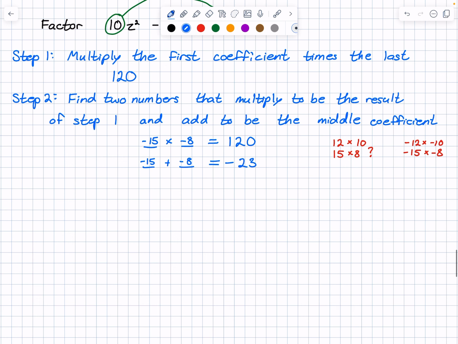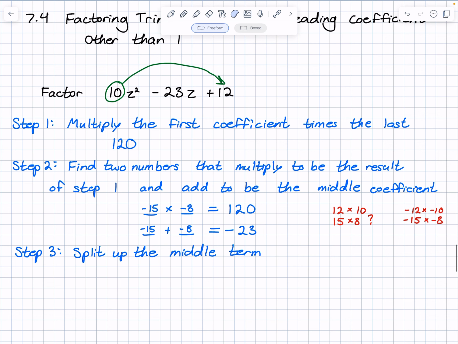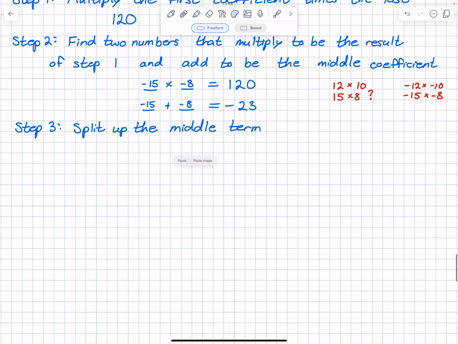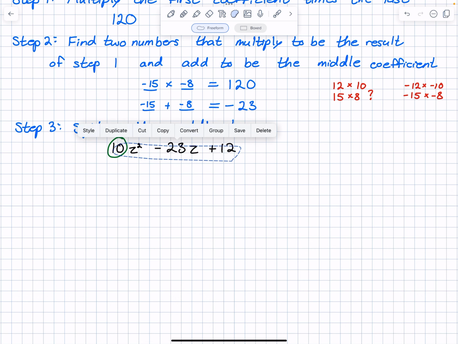So now we move on to step 3. Step 3 is you split up the middle term. I'm going to literally copy and paste what I had before, but I'm going to make one small adjustment.